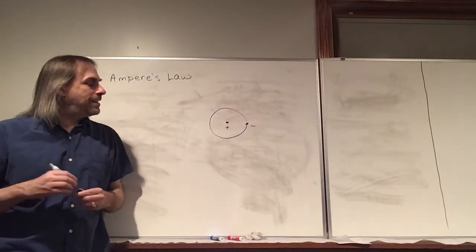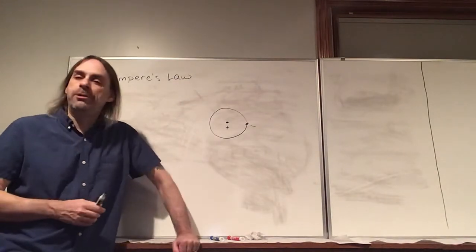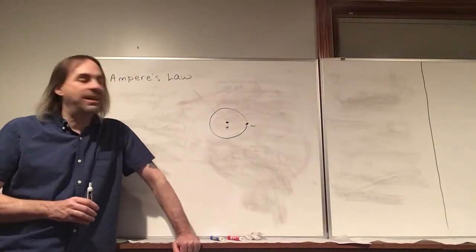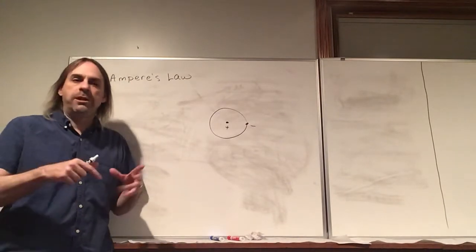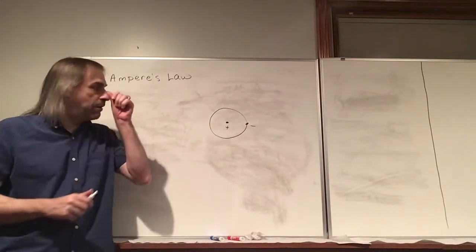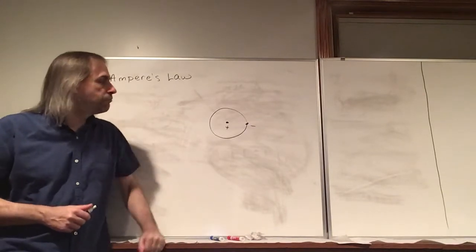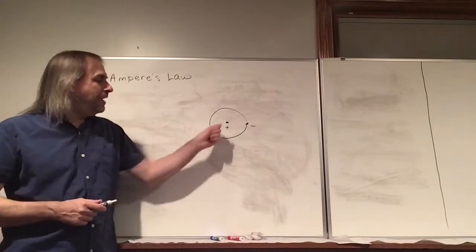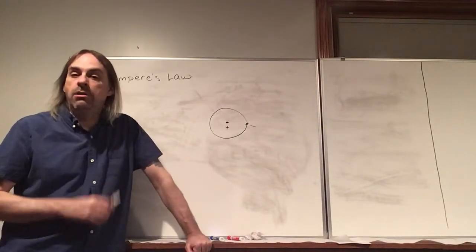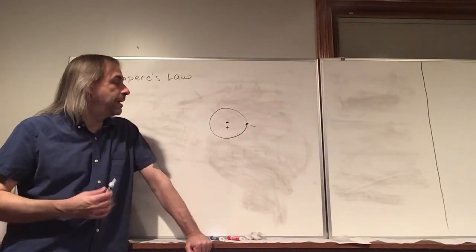But it has this intrinsic magnetic moment. It's just a property of the electron and has nothing to do with its motion. Ultimately, maybe one day we'll be able to see what's going on inside an electron, but not right now. So ultimately, every atom acts like it's a magnet.